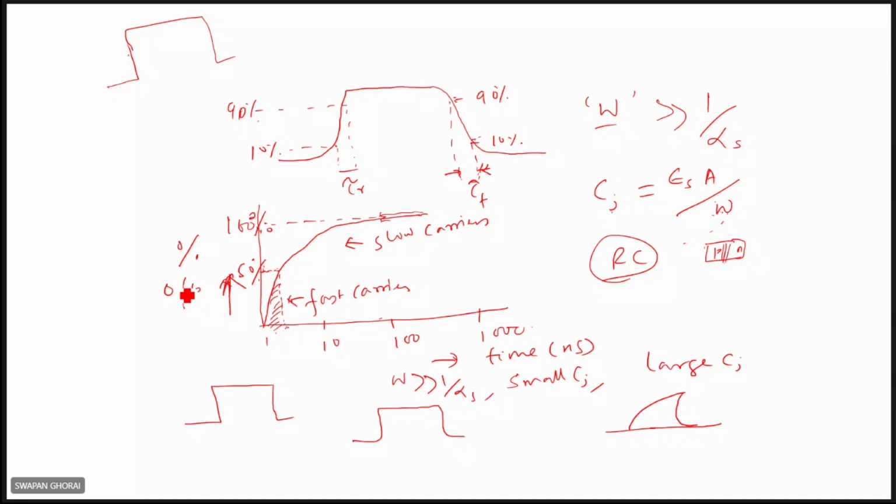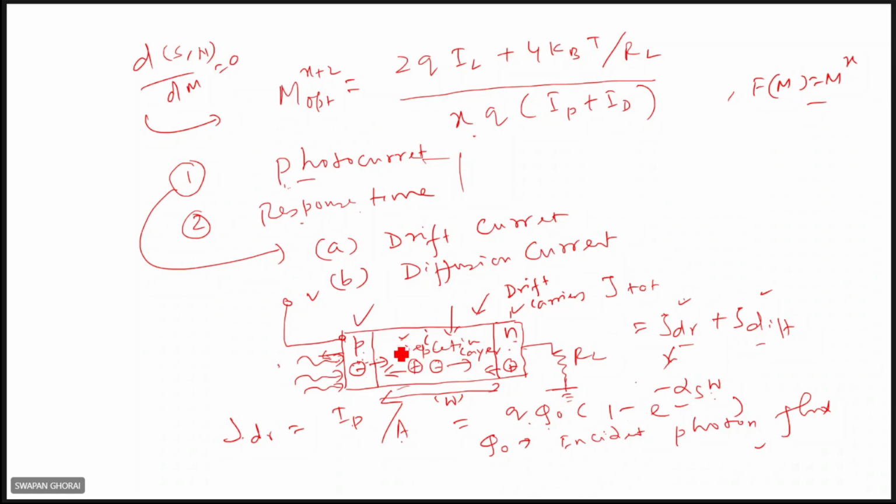So if you see, generally we have seen quantum efficiency can be increased if more photons are incident and more carriers are generated, right? But if the depletion layer is very large, then carriers will take longer to cross it, so speed will be less. The depletion layer should be such that you can have high quantum efficiency as well as fast response speed.